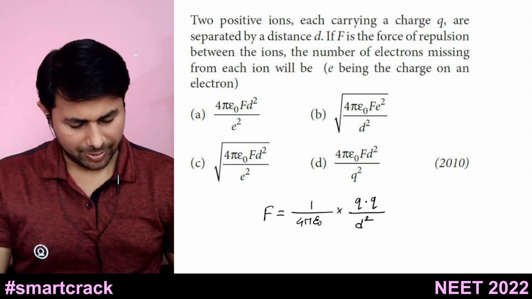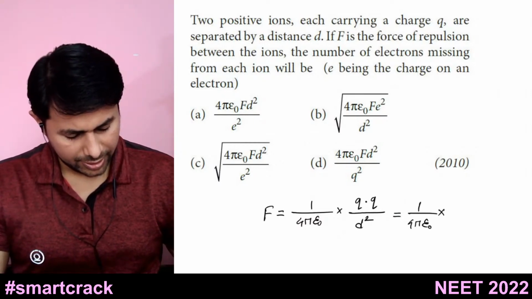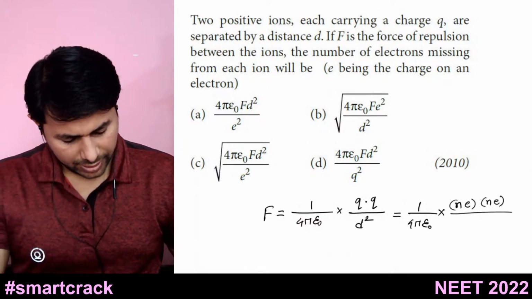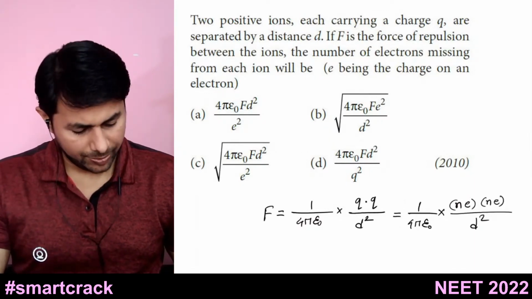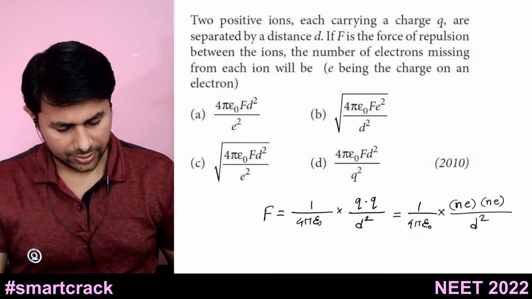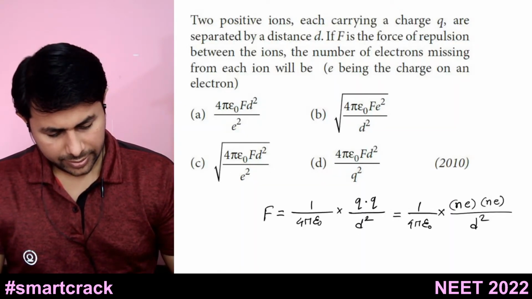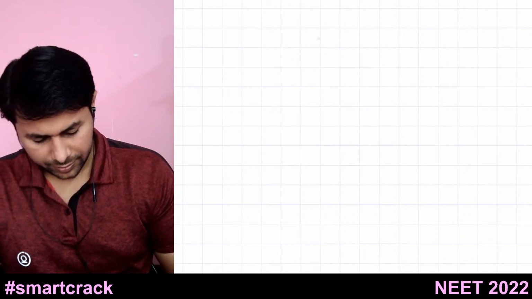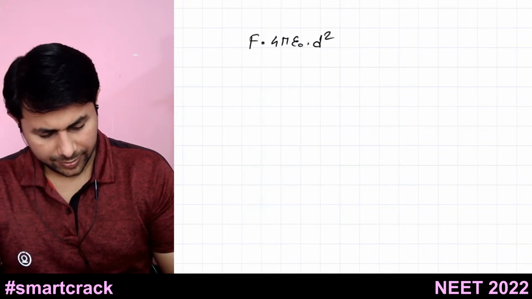So Q can be replaced. This is equal to 1 over 4 pi epsilon naught into n times E multiplied by n times E over d square, and you want n, the number of electrons. So let's take the other things on the other side. What do we get? 4 pi epsilon naught d square we take on the other side, into F. So it is F into 4 pi epsilon naught into d square.